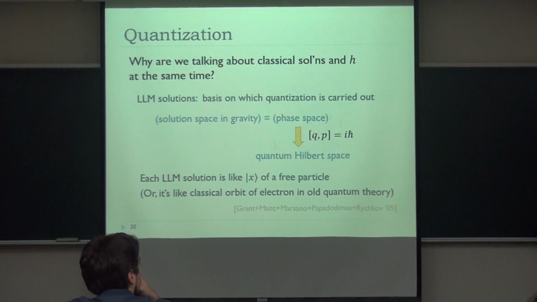But still, it makes sense to talk about this round orbit because that's the basis of the quantization. So those LLM solutions themselves are not real quantum states, but they are the basis on which to do quantization. So in that sense, talking about the Planck length and the Planck constant and the classical solution makes sense. Sorry, is this clear? I was not really clear.